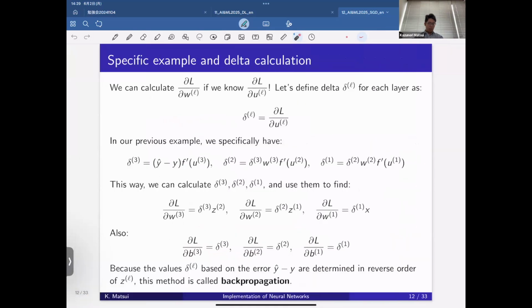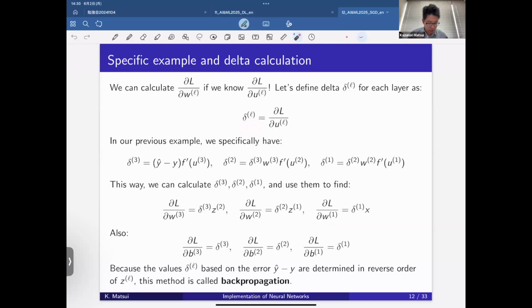From the calculation we have done so far, I think you can see that calculating the partial derivative of L with respect to u first makes the later calculation simple. You can see that the partial derivative of L with respect to u is important. Let's call the partial derivative of L with respect to u delta.